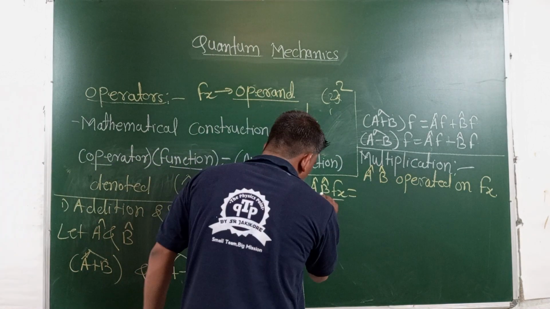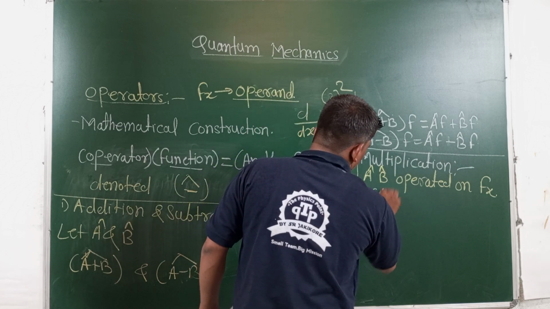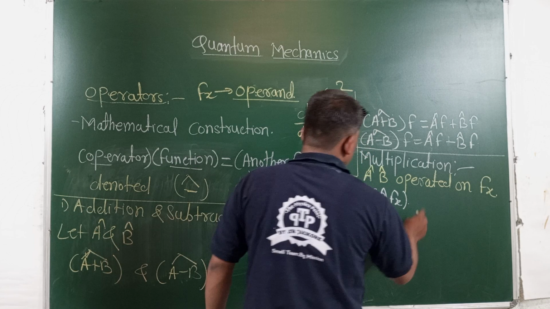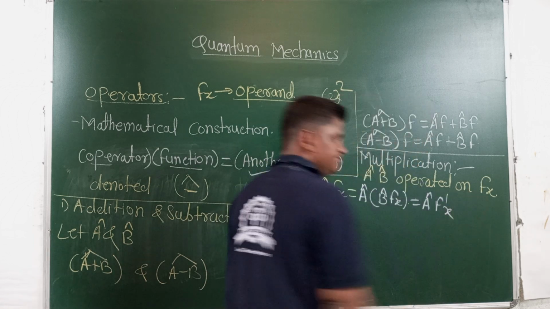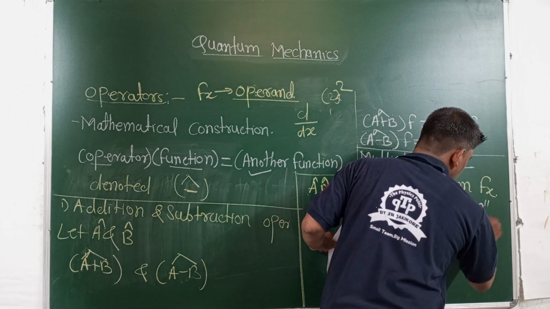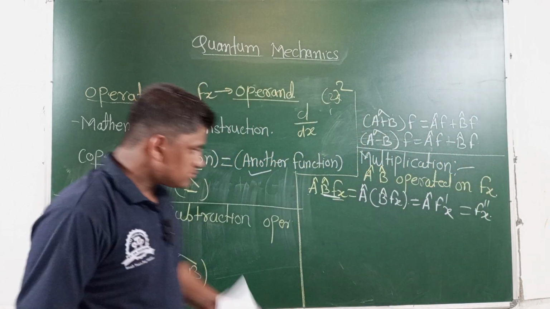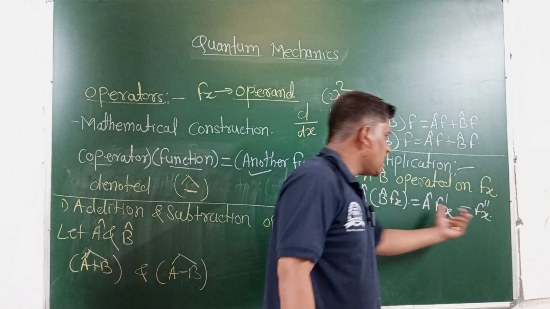Firstly the operator acts on the function and we get another, different function, a cap of f dash, then this is again operated on, giving f double dash of x. When we again take three different operators, we get the same things.